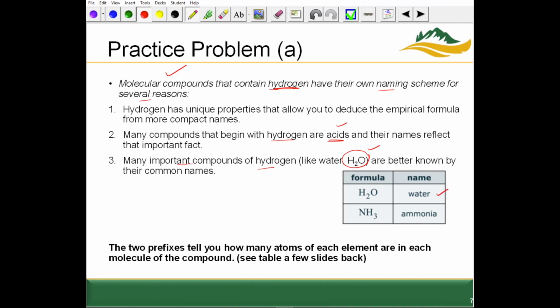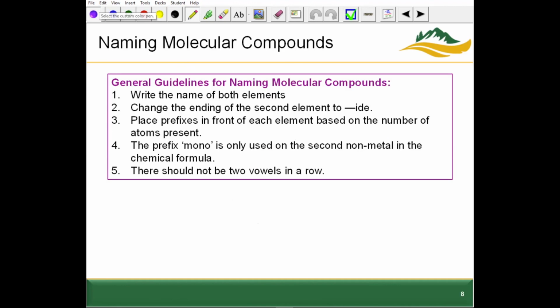So water is its common name, ammonia is the common name here. Now, if we were to name this for the classic way we would name molecular compounds, technically this is dihydrogen monoxide. So if you want to be tricky with your friends, you can say, hey, I'm really thirsty for some dihydrogen monoxide.